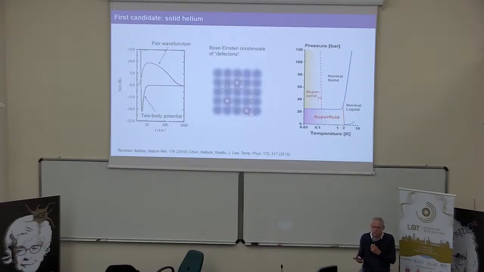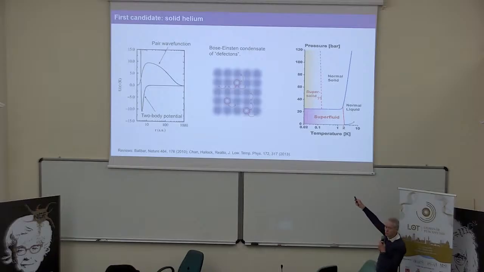typical superfluid. If you ask what material is a superfluid, many of you would answer liquid helium. Liquid helium at low temperature is a superfluid. This is the traditional superfluid. And so the idea was to take liquid helium and then put it under pressure until it becomes a solid.